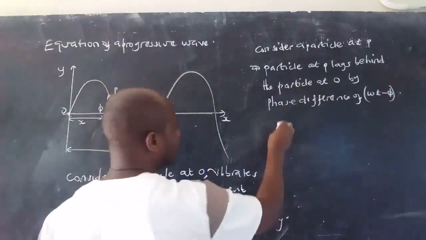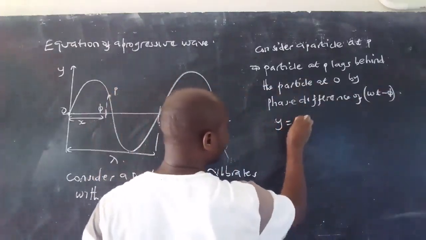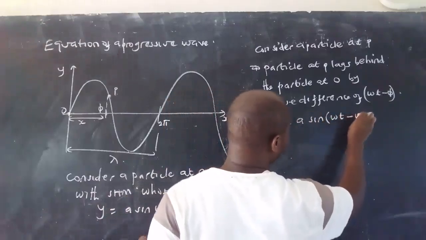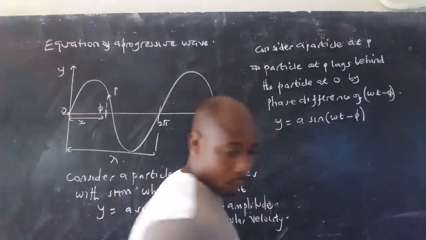So now the particle at P will have y is equal to a sine of omega t minus phi.